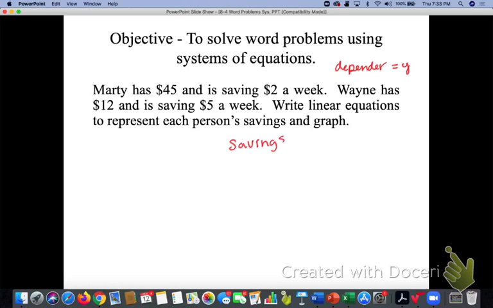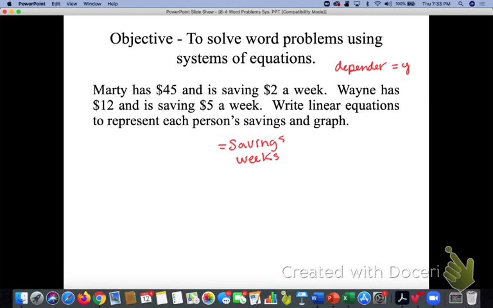So if we're talking savings, because those are our two unknowns, Wayne has 12. We really want to know the total amount in the account, and he's saving $2 per week, number of weeks, right? So what we want to know is, do the savings depend on the time, or does the time depend on the savings? Really our savings depends on how long we go.